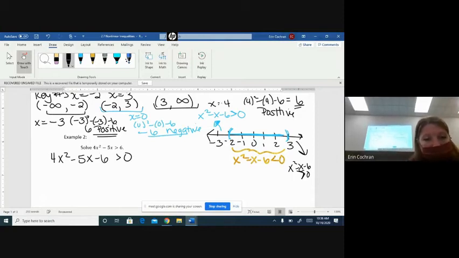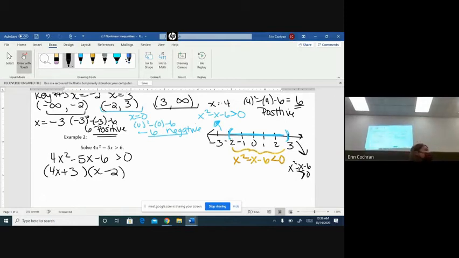All right, and now we're factoring it. So if you factor, what did we get as our quantities? 4x plus 3 and x minus 2.